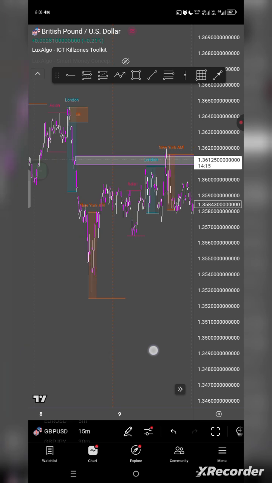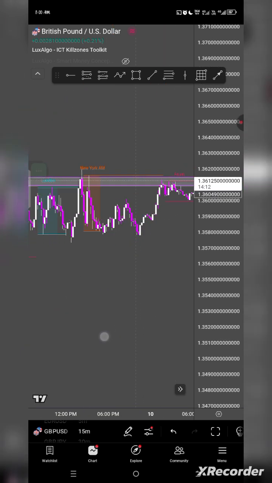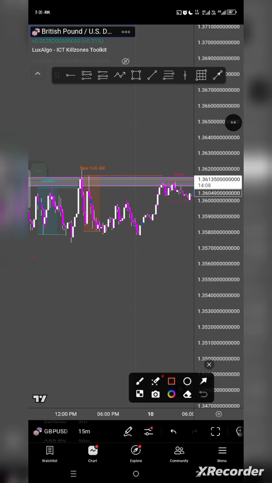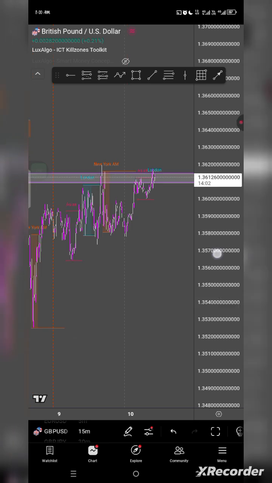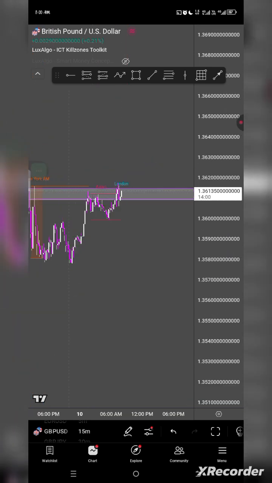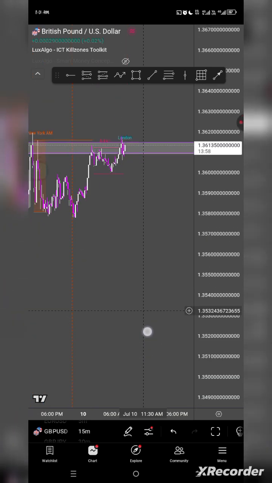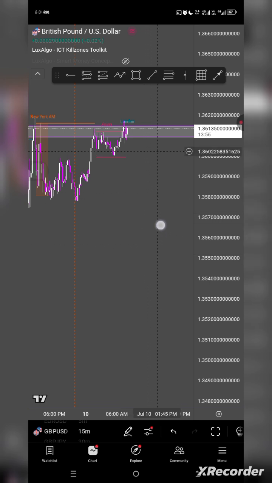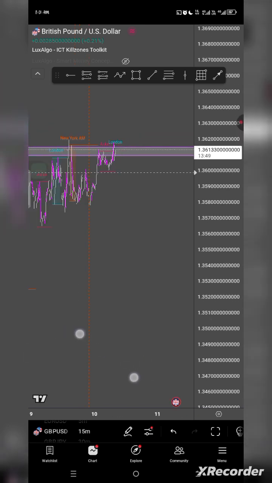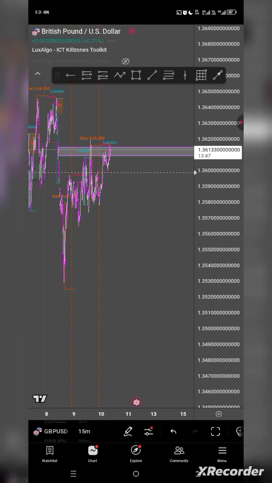So you can see this one, it was actually respected twice around this region here, and now price is coming back to that zone. But then I don't think it will hold, but I'll set my alerts in case. So I think that'll be that about that.